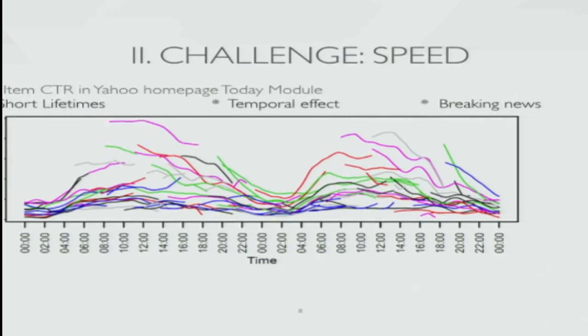Each curve here is an item in the today module. If you see some of the lines are very short, they are articles showing up in our today module for only a short time. Some of them are only there for like two hours or even less. And even during the period an article is available on the today module, the click-through rates could change very dramatically over time.